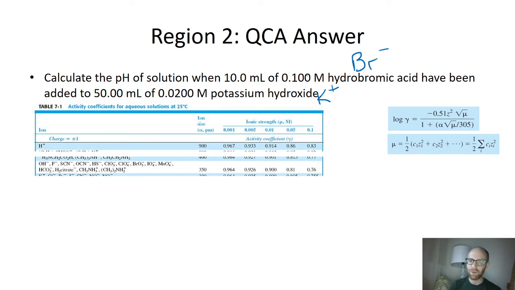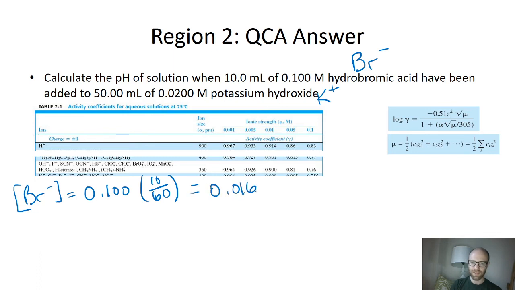where this 0.1 molar is the initial concentration of the 10. So your bromide concentration has actually been diluted, and it went from 10 milliliters to 60. So that'll be 0.01667 molar.